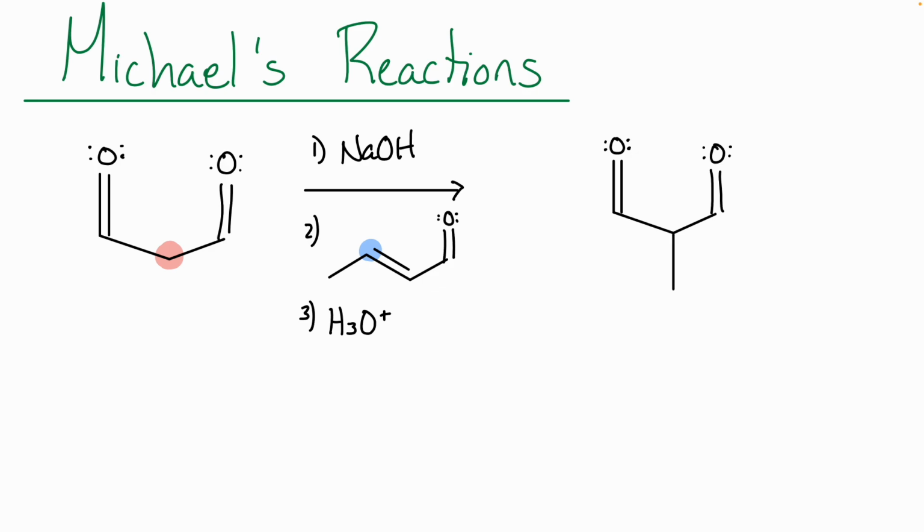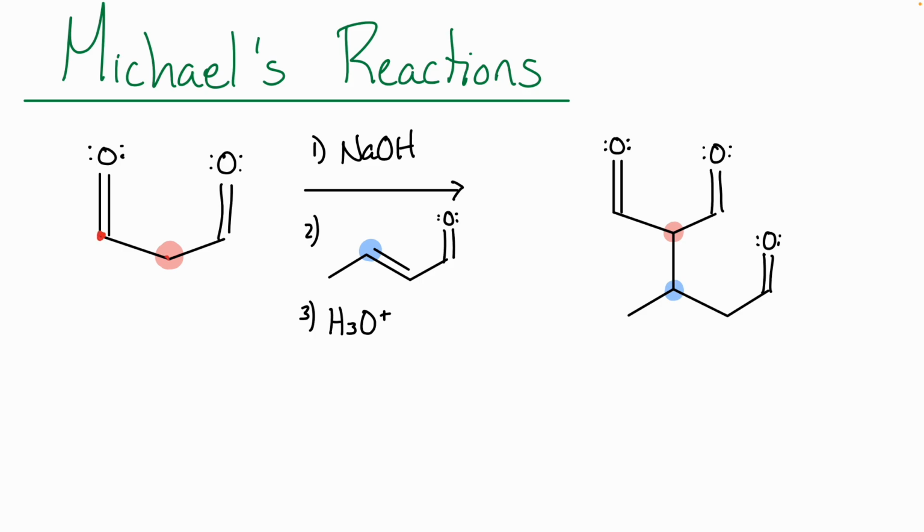So if this was my red carbon, that means my blue carbon has to be on the other side here. Okay, so then I'm just going to draw everything that's around that, including that retained carbonyl group of my Michael acceptor here. And just like always, we're going to double check by counting carbons.